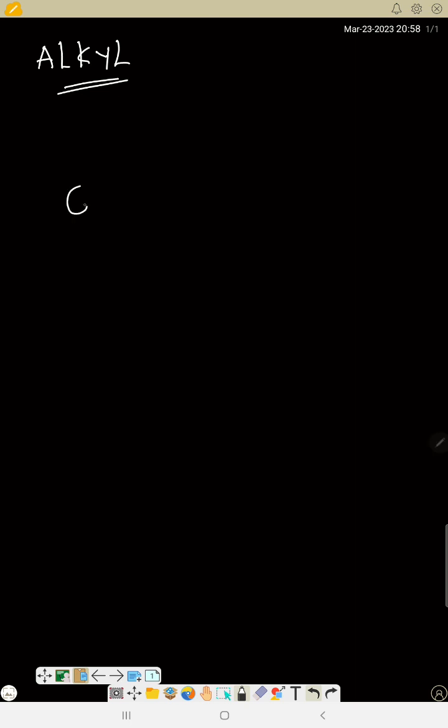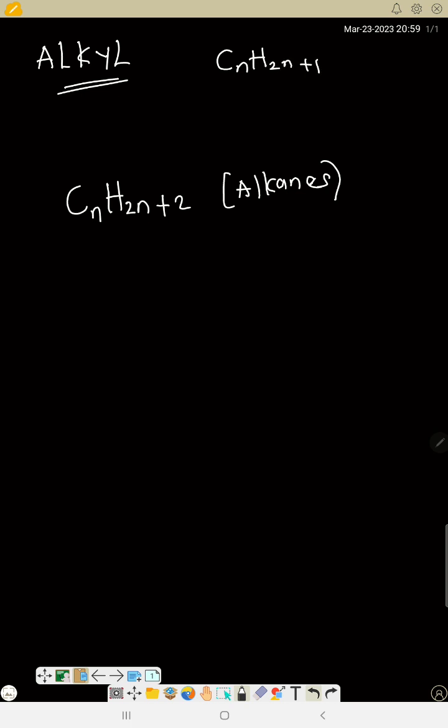Remember, alkanes is CnH2n plus 2. This is for alkanes. So alkyl now will be CnH2n plus 1. That is, instead of plus 2, it will be plus 1. So it's short of one hydrogen from alkanes.